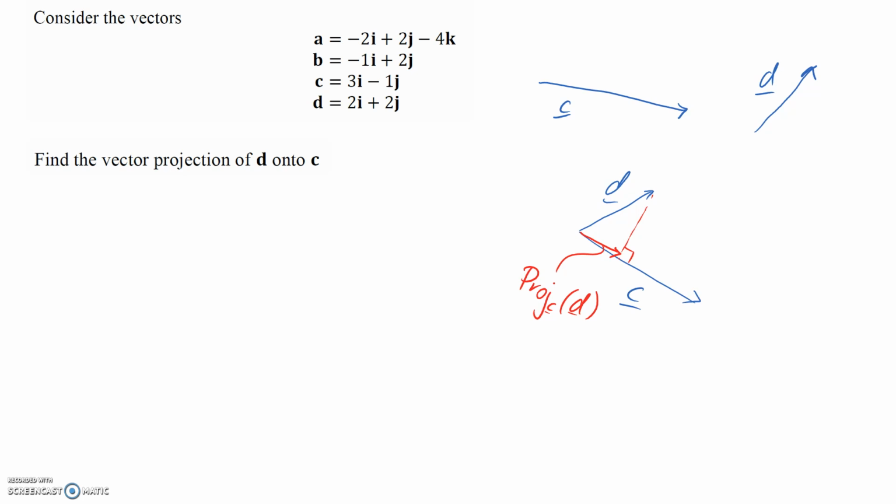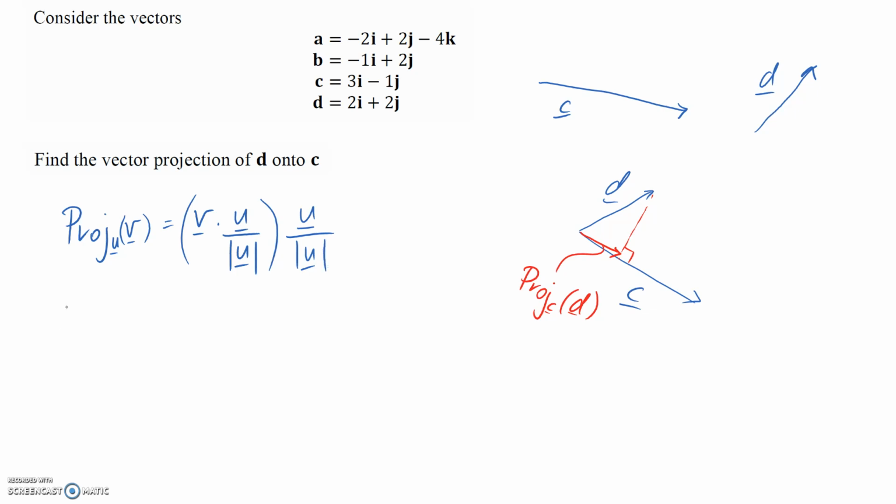So the general equation for this calculation is that projection, and usually we use U and V. So the projection of V onto U, which would be this order here, is equal to vector V dot vector U divided by the magnitude of U, and then all of this gets multiplied by U on the magnitude of U again.